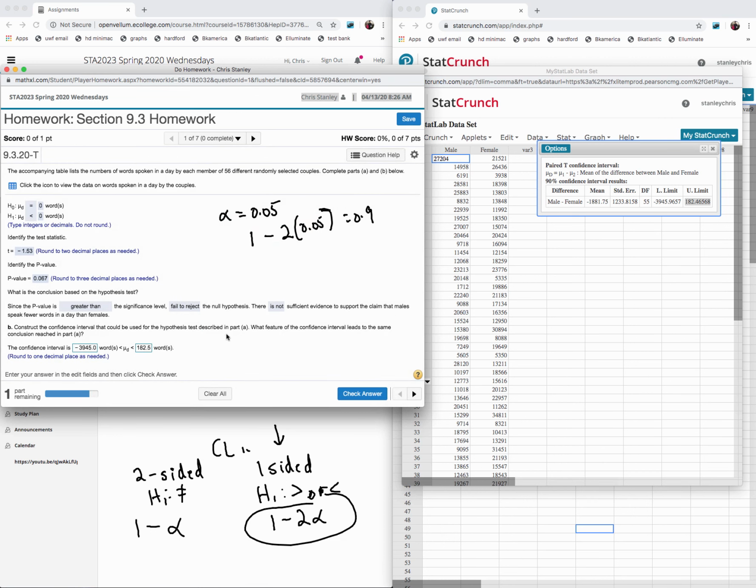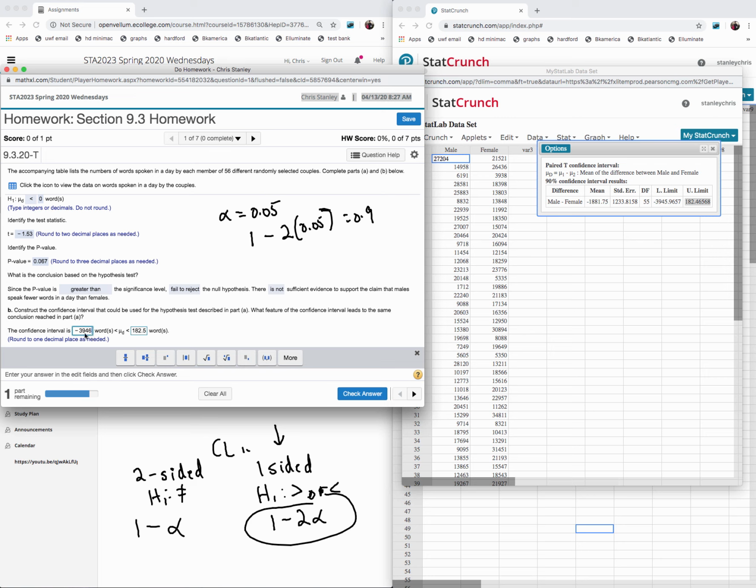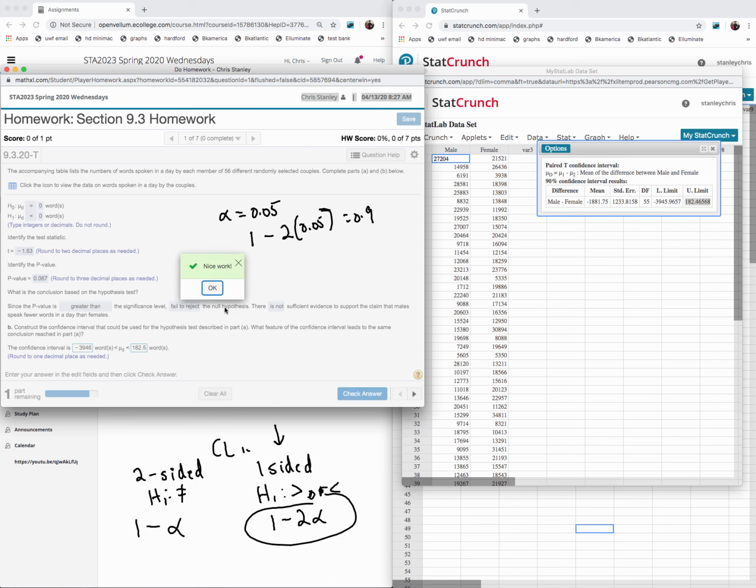Okay, I'll figure out what's going on. I think I just had a rounding issue. I think this should go up to a 6. There we go.